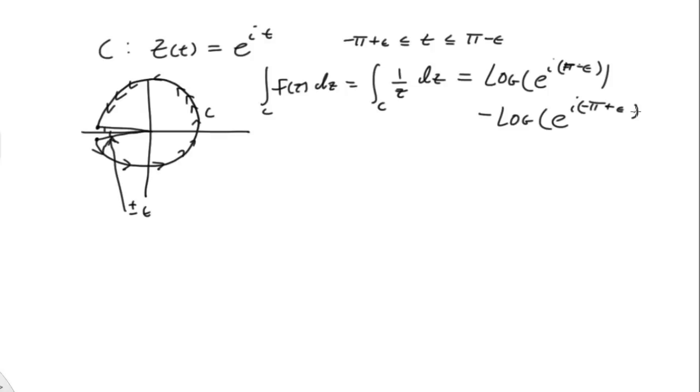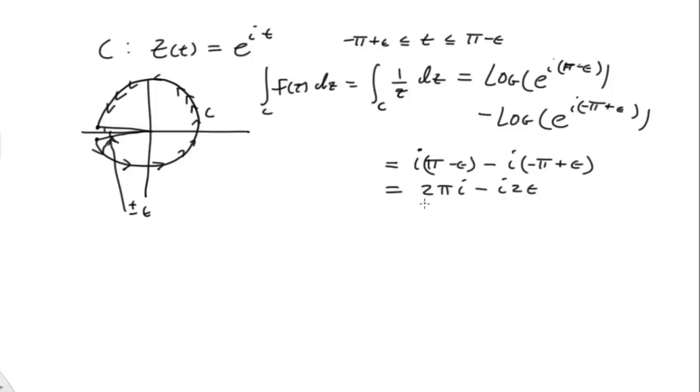In this particular example, we can easily see that this is going to be I times pi minus epsilon, minus I times negative pi plus epsilon. And what we see here is we'll get 2 pi I, and then a minus 2 I epsilon.